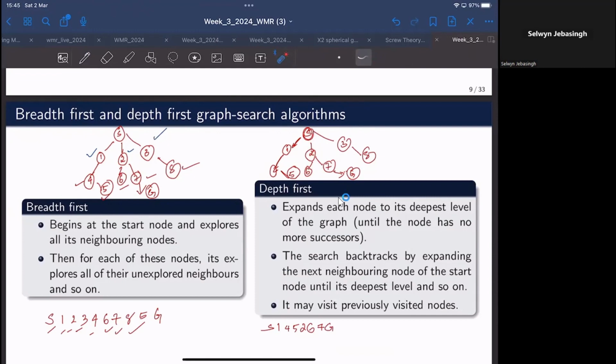Despite the fact that it can revisit the previous nodes, once it has reached a dead end, it will backtrack, go through another node, and again backtrack and come back, and go to another node.